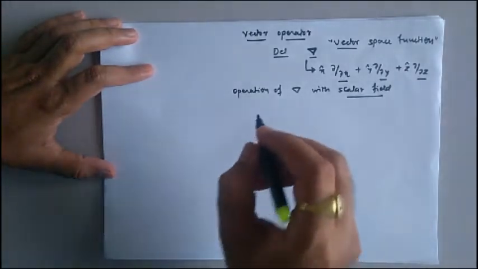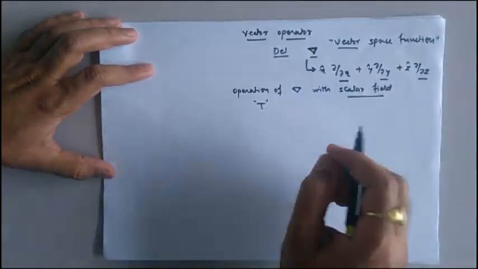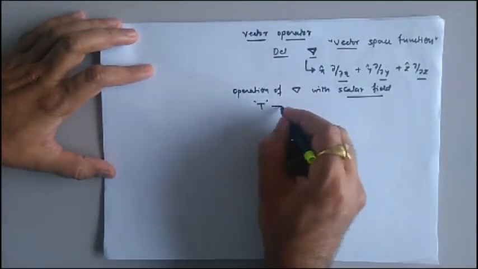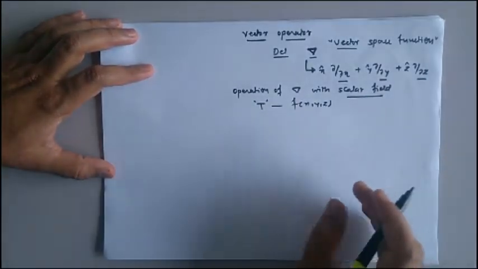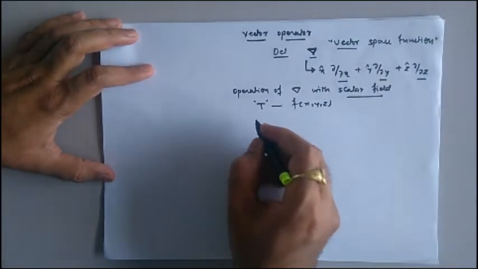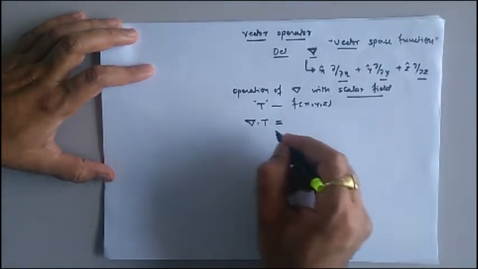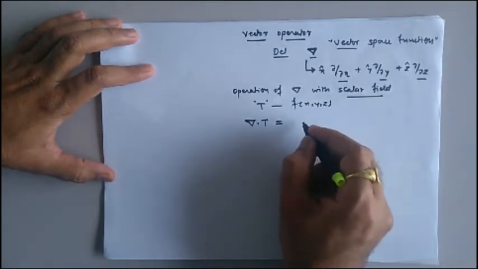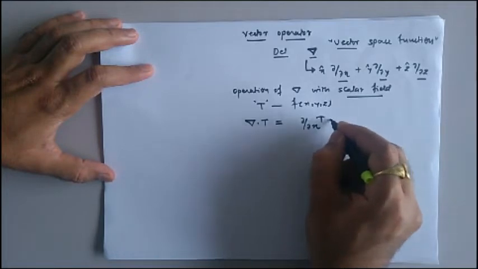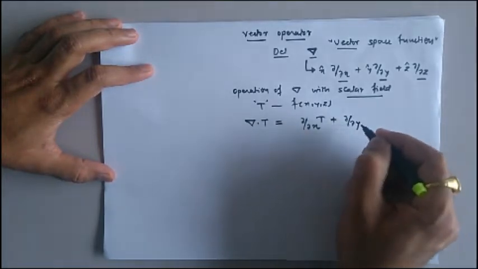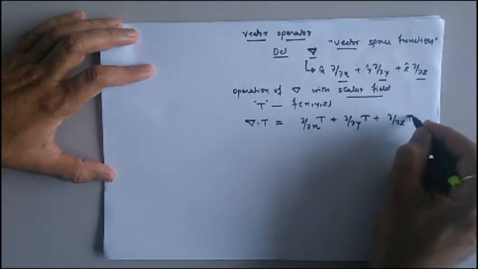Let us consider that we have a scalar field indicated by the symbol T, where T indicates the temperature of a given room and it is a function of the x, y and z coordinates of a given Cartesian system. Then if we write del dot T, mathematically it is given by dou by dou x of T plus dou by dou y of T plus dou by dou z of T.